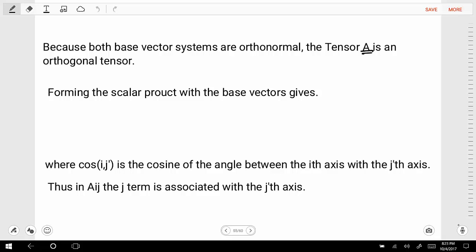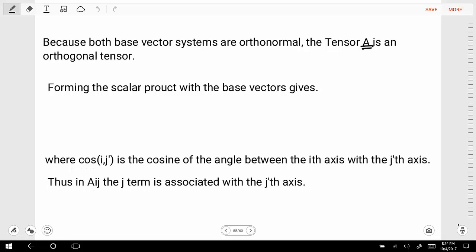Because both of the base vector systems, both our original system as well as our new system, are orthonormal, we can say that the tensor A is an orthogonal tensor. And the principle of having an orthogonal tensor is going to actually give us several very special identities that we're going to use and exploit as we solve the problems.